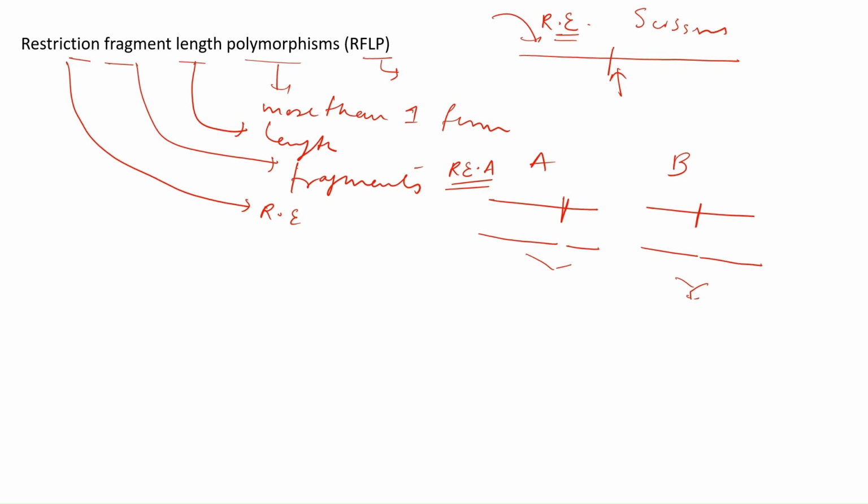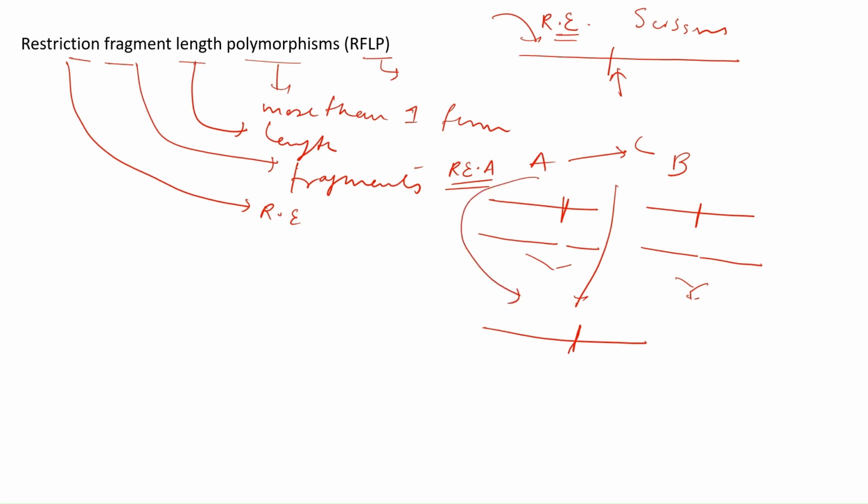Because we inherit genes from our parents, for example, if A is married to any person C, their child will also possess the site of restriction enzyme A at this position, because it is inherited from this parent.